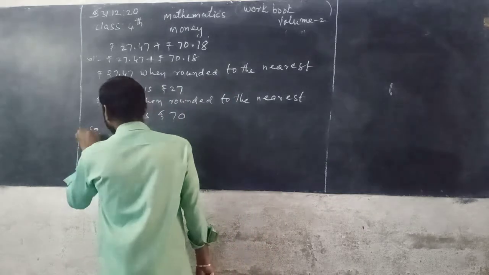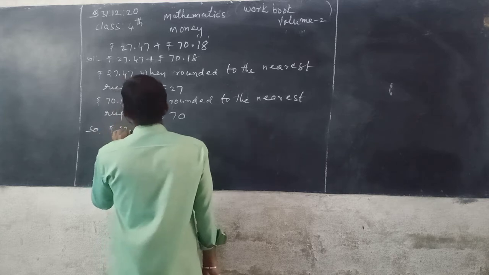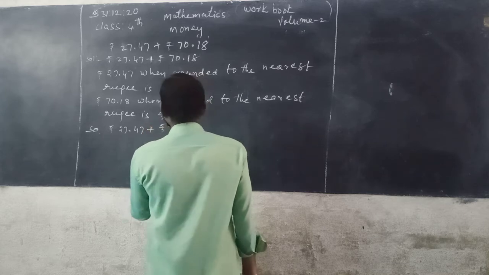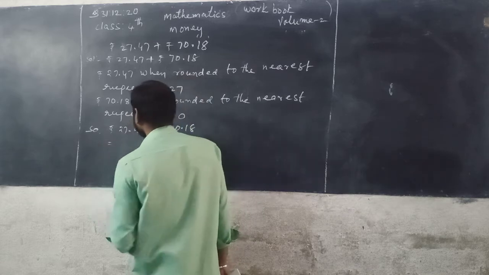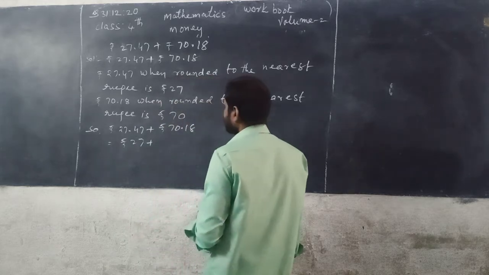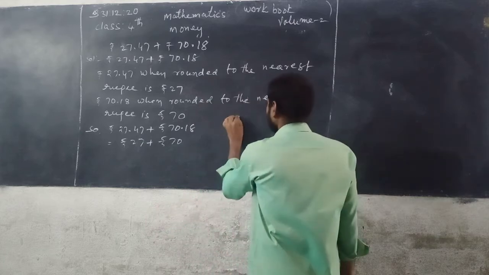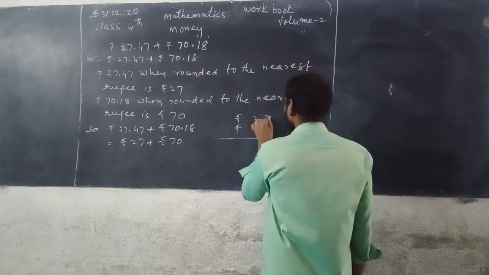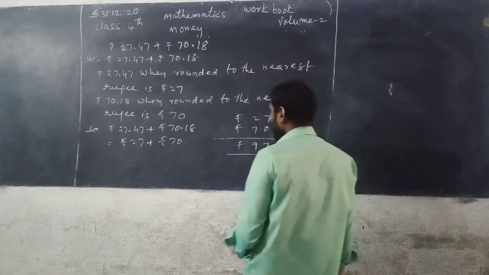So 27 rupees 47 paise plus 70 rupees 18 paise: 27 rupees 47 paise is nearer to 27 rupees, plus 70 rupees 18 paise is nearer to 70 rupees. Then add it. 7 plus 0, 7, 2 plus 7, 9. And get 97 rupees.